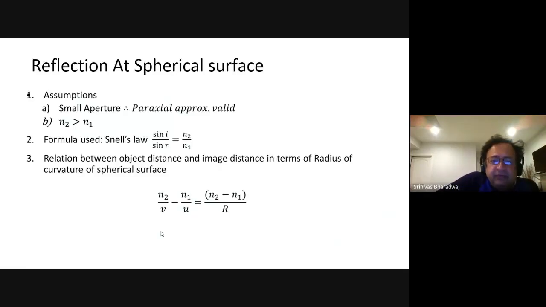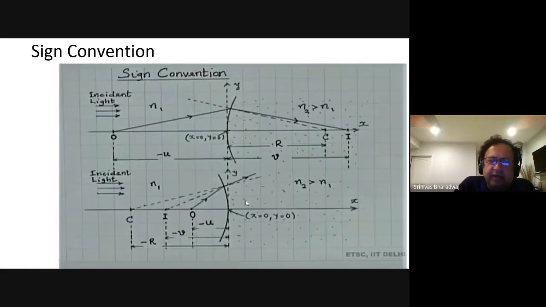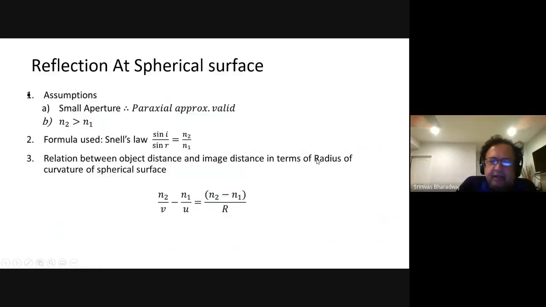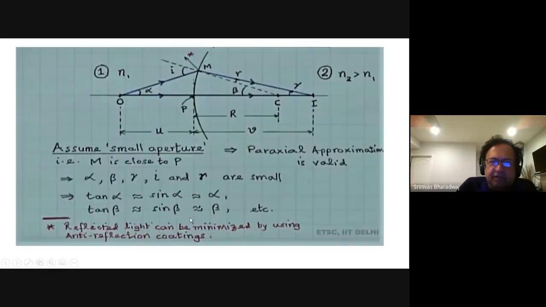Now, if you had N2 and N1 and one of them was not 1, then you have this formula: N2 by V minus N1 by U equals N2 minus N1 by R. Please memorize this formula, N2 by V minus N1 by U equals N2 minus N1 by R. But sometimes the U will be the U and the V will change sign.